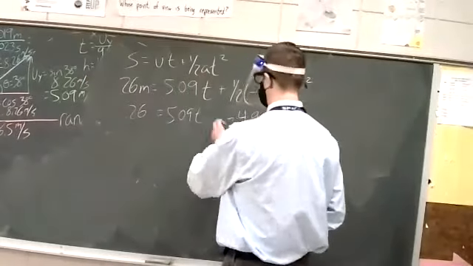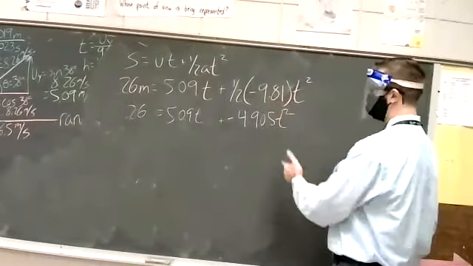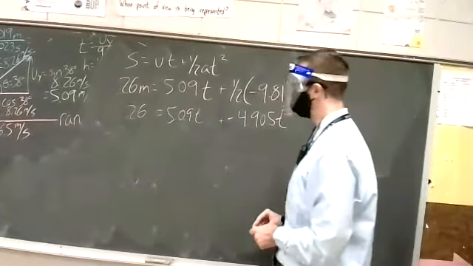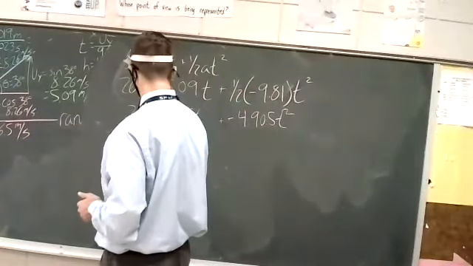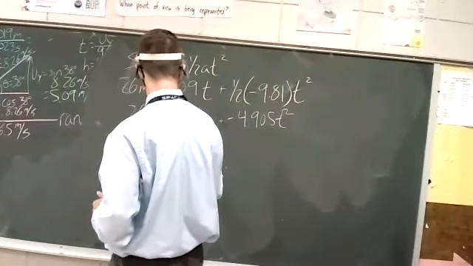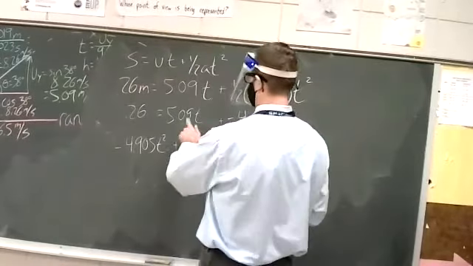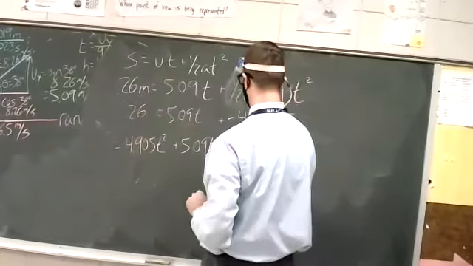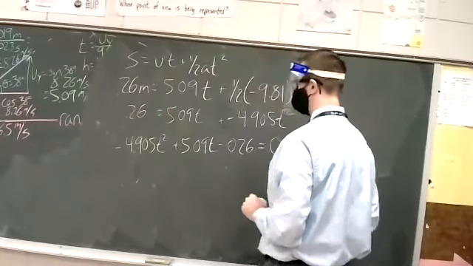I'll drop the units for now, knowing that all the distances are meters, the acceleration is meters per second squared, so I'll be solving for seconds time. And then let's write it like this. Negative 4.905 t squared plus 5.09 t. And then subtract this from both sides, minus 0.26 equals 0.